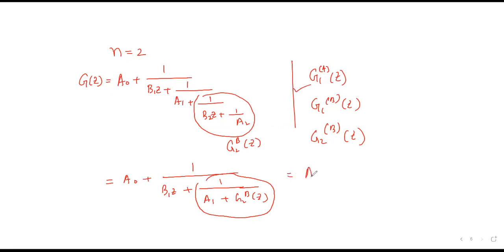So we can further write it in this way, plus 1 by B1 Z plus G1 A Z.